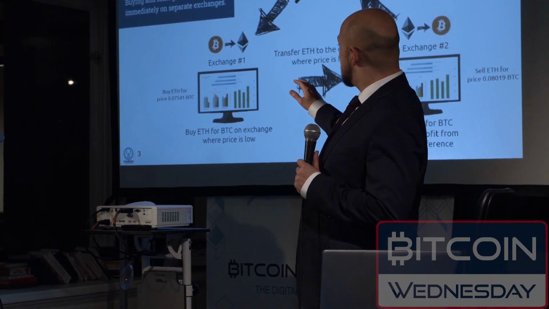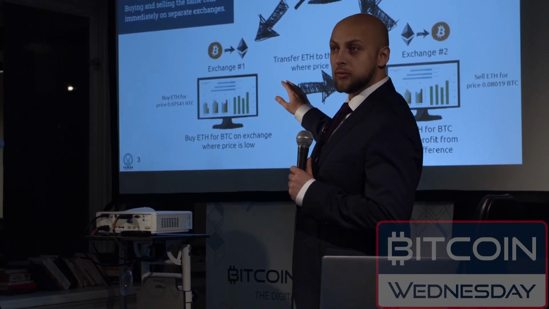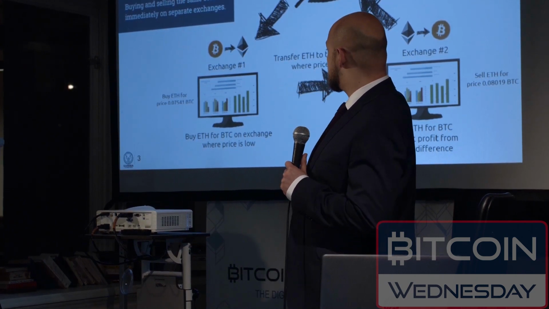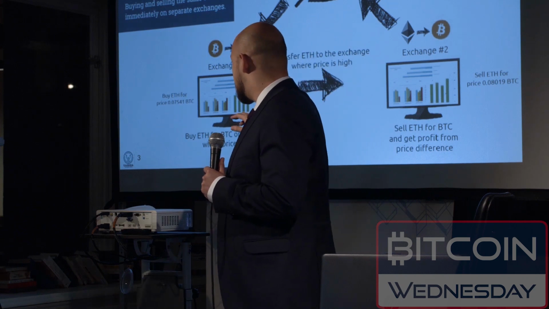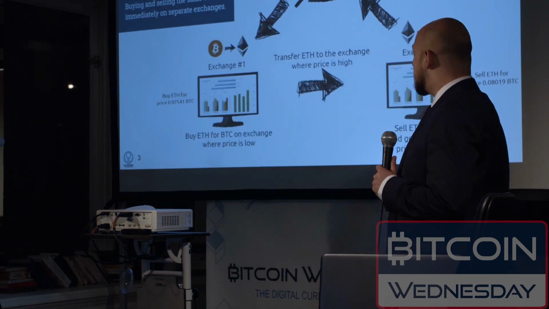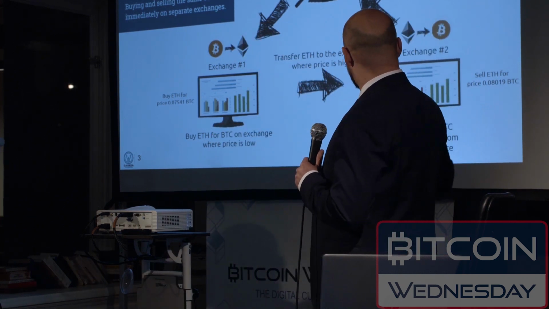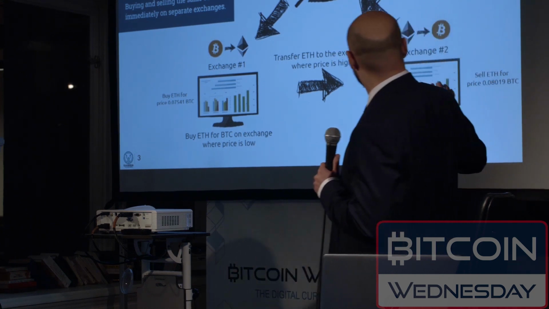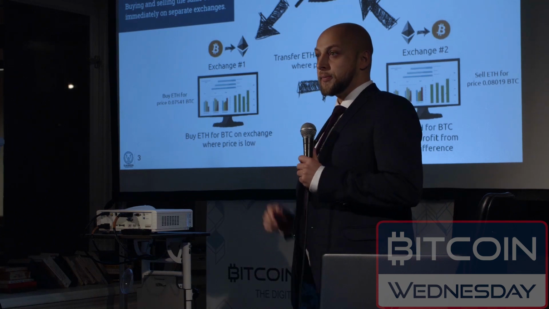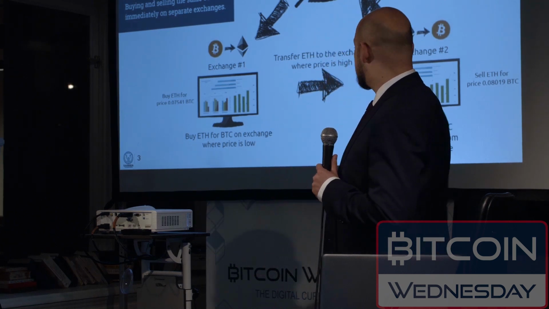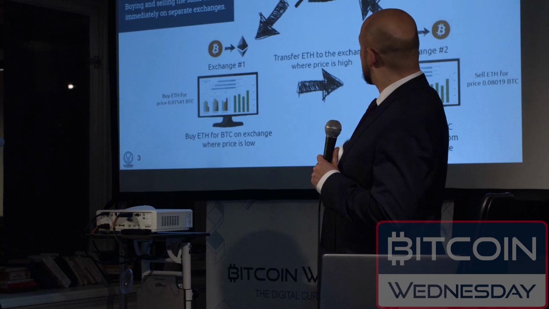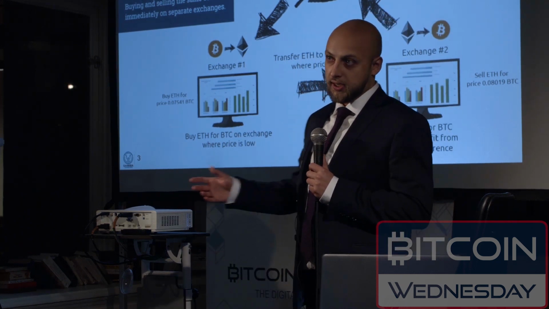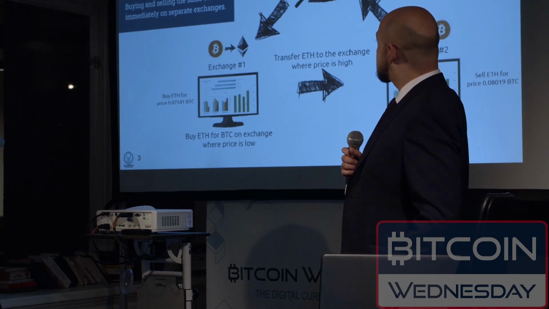So for example, we found that on one exchange we can buy ETH for 0.07541 BTC, and on another exchange we can sell it for 0.080919. So we have a small profit. We buy this ETH, transfer it to the other exchange, sell it, and gain profit. So this is simple arbitrage.